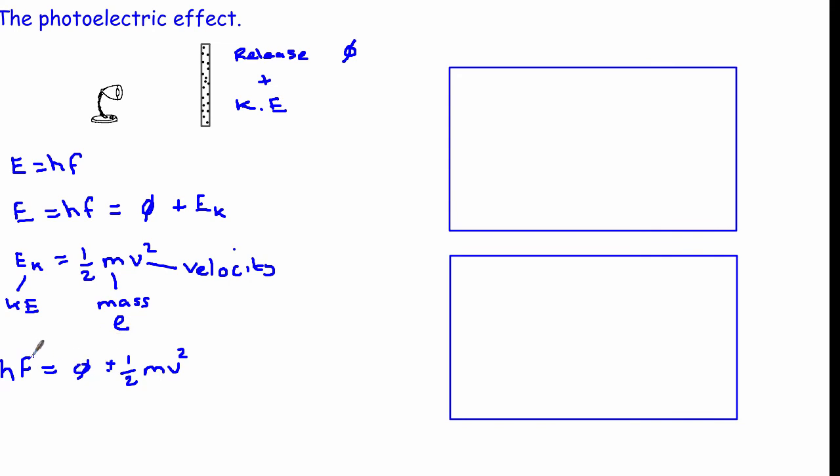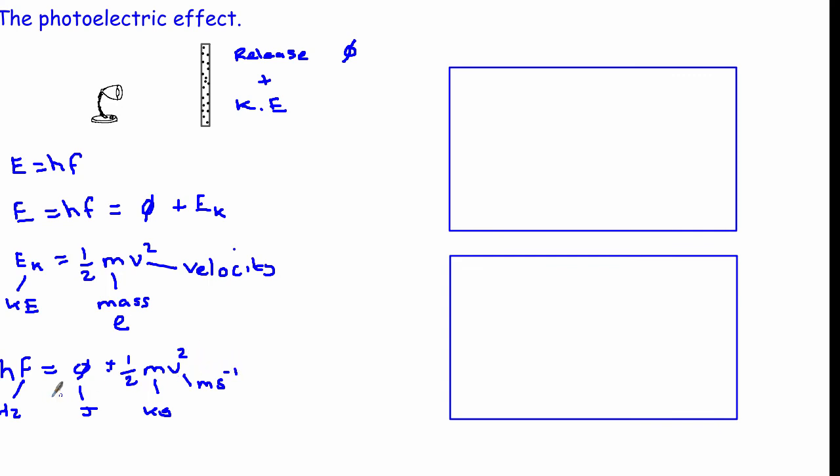You could, for example, be given the frequency of the light and the work function of a metal, and be asked to work out how fast the photoelectron's going, because this you can just look up on your data sheet, this will be given in the question, and this is a frequency. So as a reminder, frequency is measured in hertz, our work function needs to be measured in joules, mass is measured in kilograms, and the velocity is measured in meters per second.